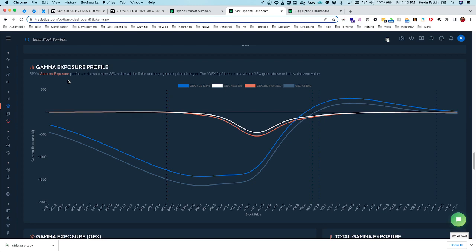There's a whole concept of program trading that you might want to look up. Essentially, this is how they hedge: they use these ETFs, indices and futures to hedge all the options that they're writing on different equities. And so that's why gamma exposure is such a big deal when it comes to these main indexes and ETFs.